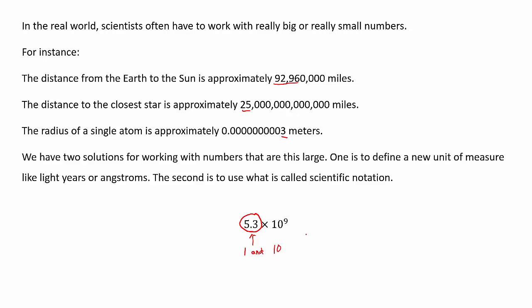In other words, it will always have one number to the left of the decimal place and all the other numbers to the right. So 53, even though that's a nice number to work with, is not something we're going to leave like that. We would want it to be 5.3. So let's take a look at what we can do with scientific notation.